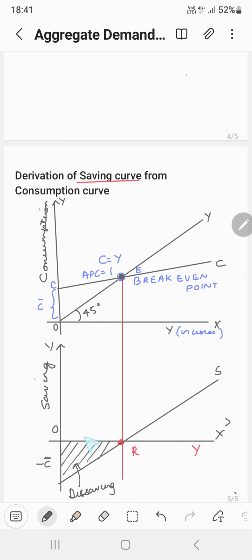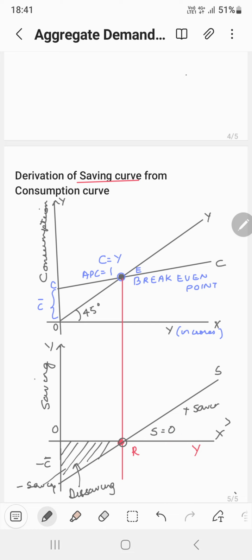So as your income increases, as we are moving towards the right, at this point R, savings will become 0. To the left of the point where savings is equal to 0, you have negative savings in this area. This is dis-saving, so this is negative saving. And as we move towards the right of R, you will have positive saving.